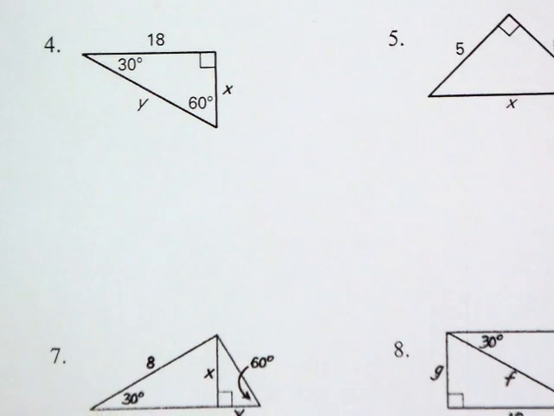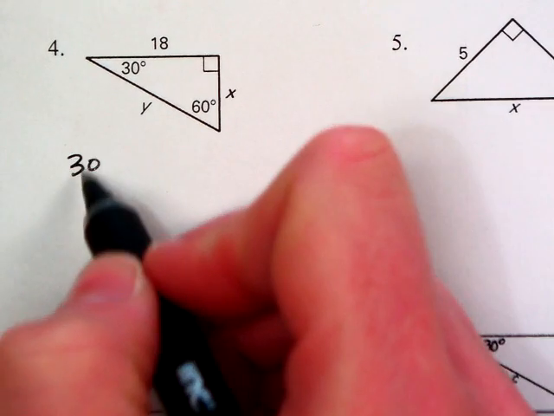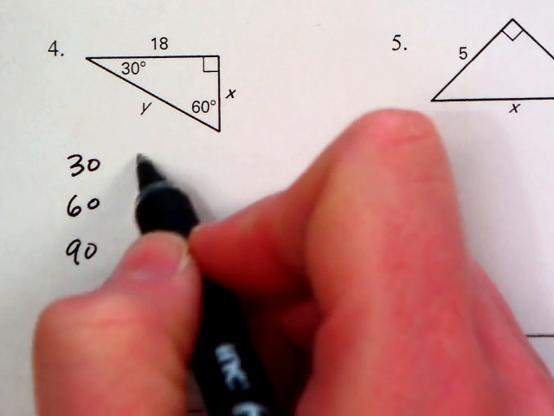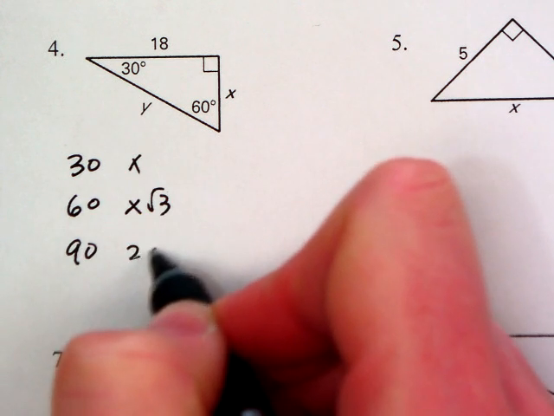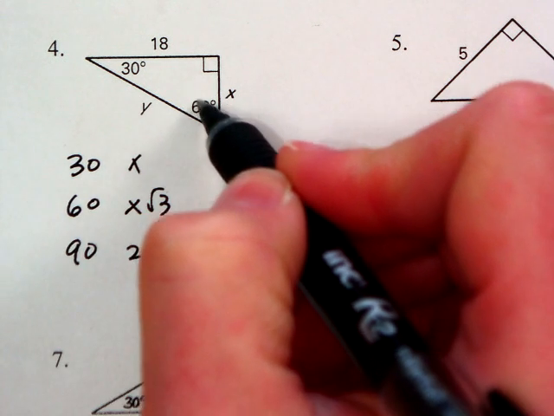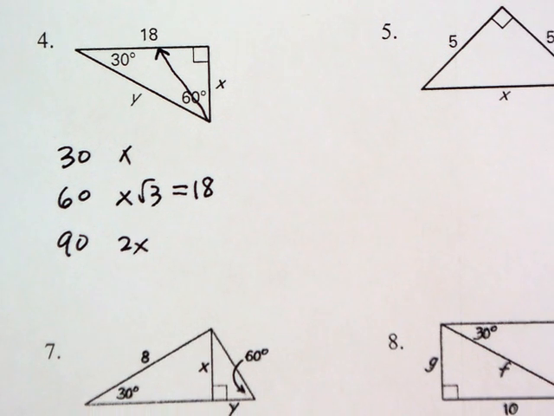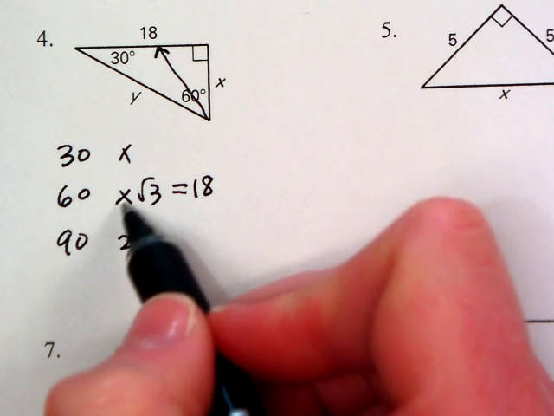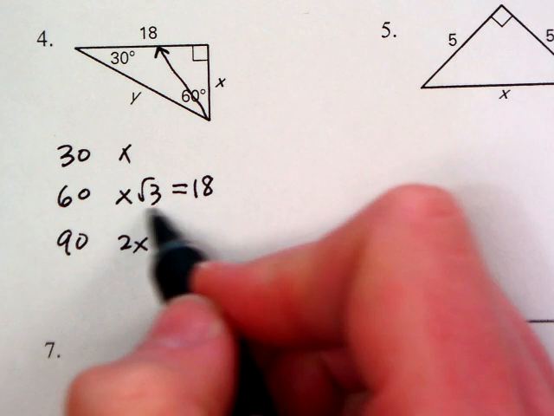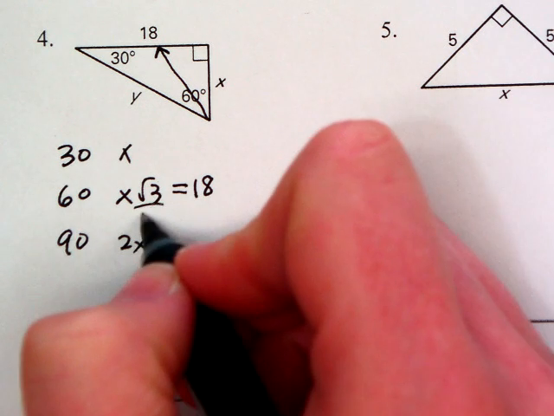Okay, a couple more in your notes. Number 4, another 30-60-90. x, x square root of 3 and 2x. The side that we have is across from the 60, so I'm going to put an 18 there. And our job is to figure out what x will be. So I'm going to divide by square root of 3.